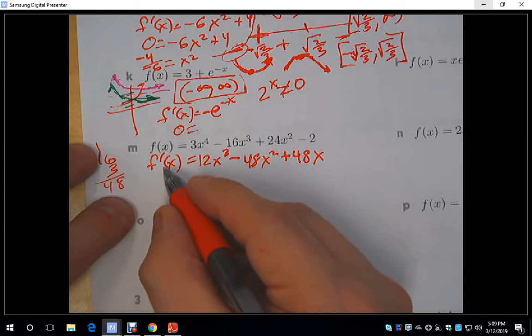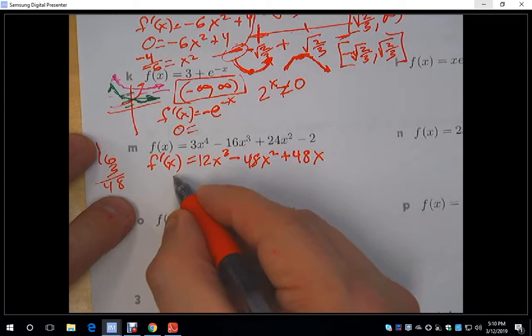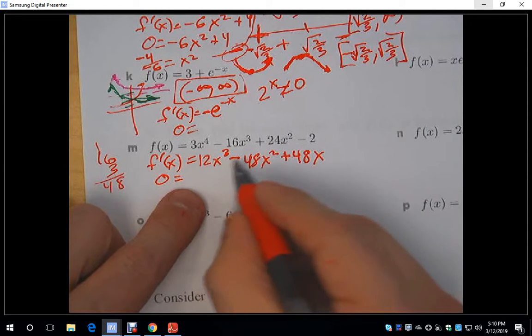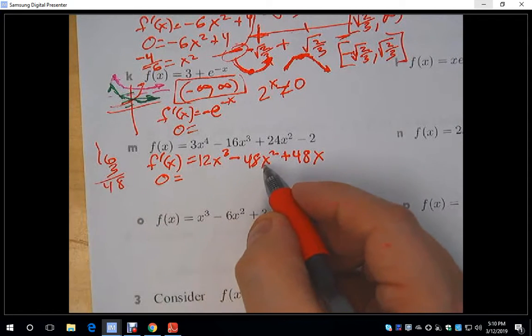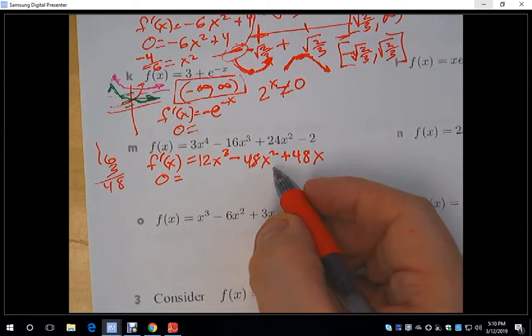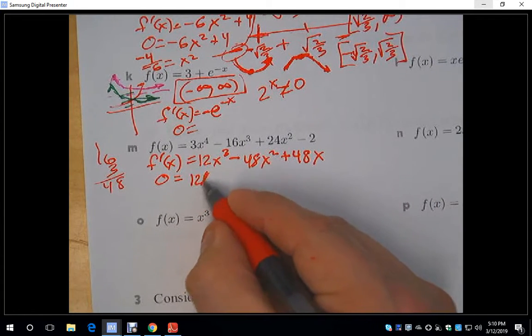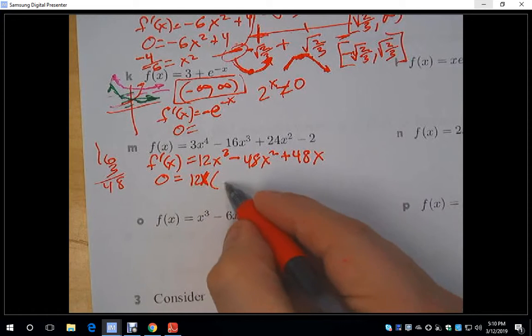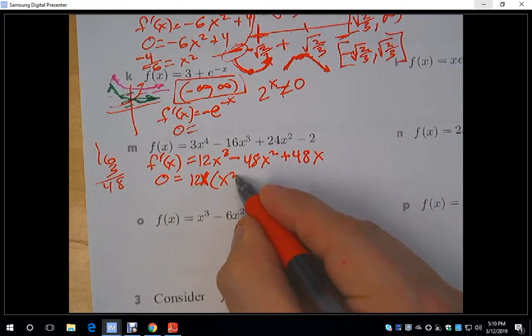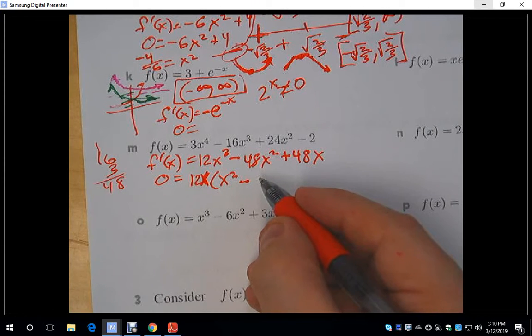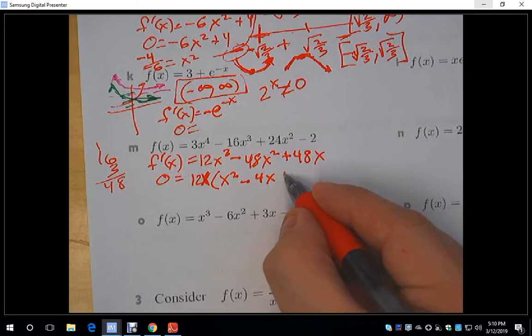So where are my stationary points? Well, I have 0 equals this, and it looks like I can factor out some stuff. I can factor out a 12. I can also factor out an x. So I'm going to factor out this 12x, leaving me with x squared, and then 48 divided by 12 gives me 4, so I have negative 4x, and then plus 4.